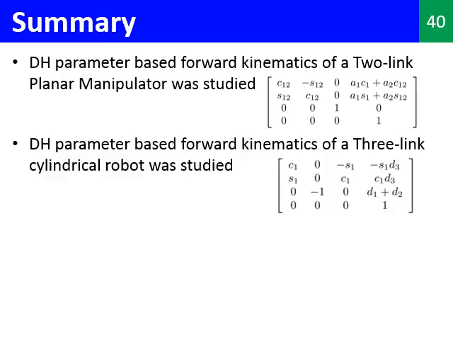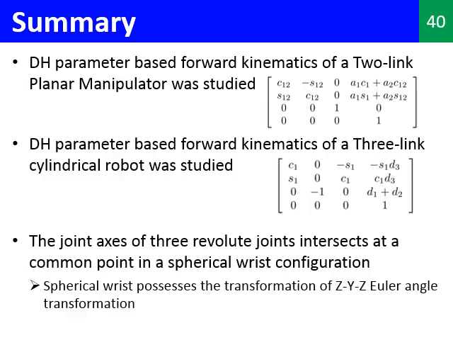Again we obtained the DH table, and from that we obtained the end effector homogeneous transformation matrix. Finally, we looked at something called a spherical wrist, which is a special arrangement, and in that there are 3 revolute joints which intersect at a common point. So the spherical wrist possesses the transformation of Z, Y, Z Euler angles.